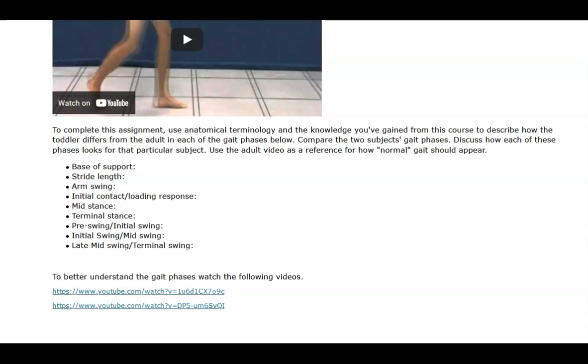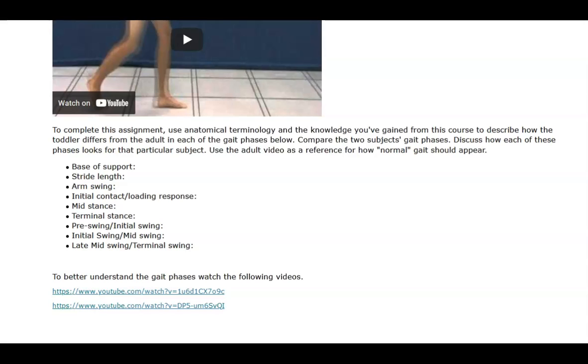Basically we're looking at the adult gait as the normal, quote, normal kind of gait that the toddler isn't quite reaching yet, and so there might be differences in, like, the initial contact. A regular adult gait would be initial contact with the heel, and the toddler is using flat foot.